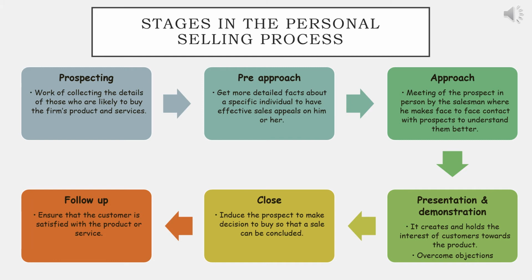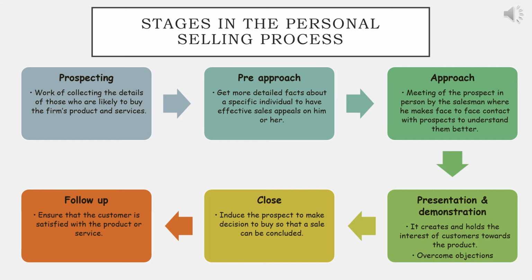The second stage is the pre-approach stage. In that stage, more detail about the individual consumers is collected before approaching the person directly. The third stage is the approach stage, where the consumer is met directly by the salesman.